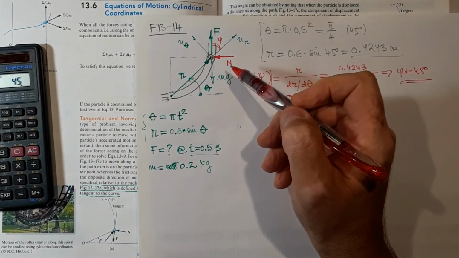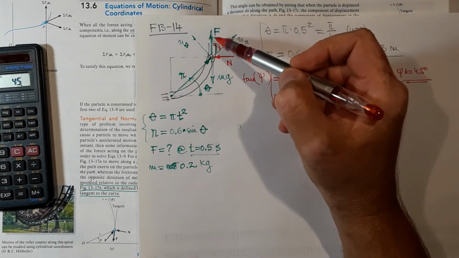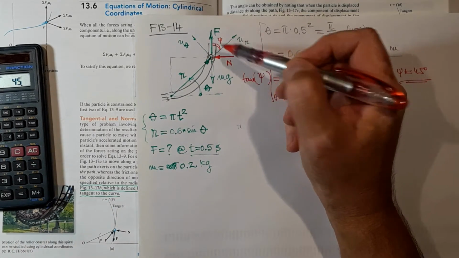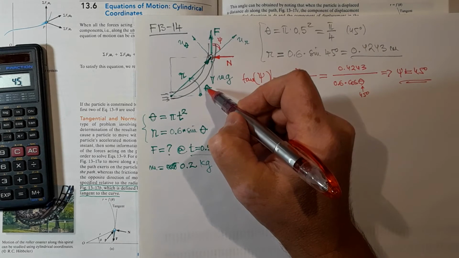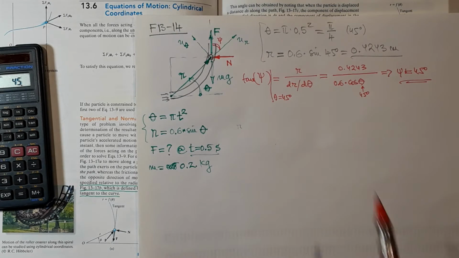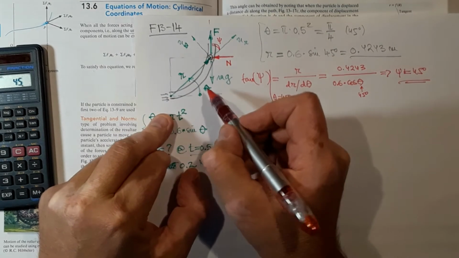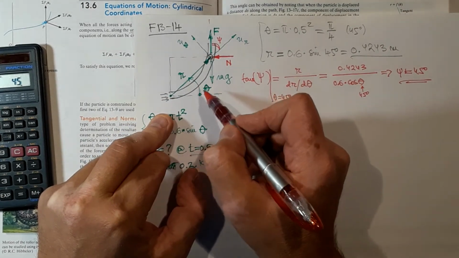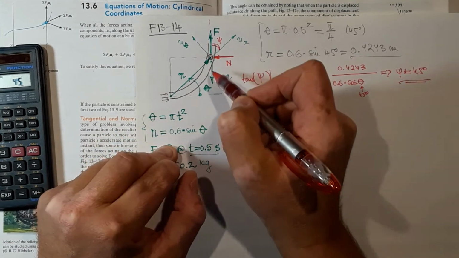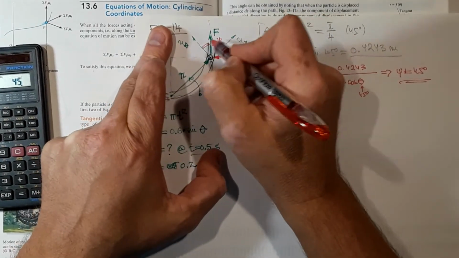So it's apparent from this analysis that we have the line of action of F along the tangent. This angle is 45 degrees from r. Let's look at some angles. I have 45 here, angle theta, and this is also this angle.